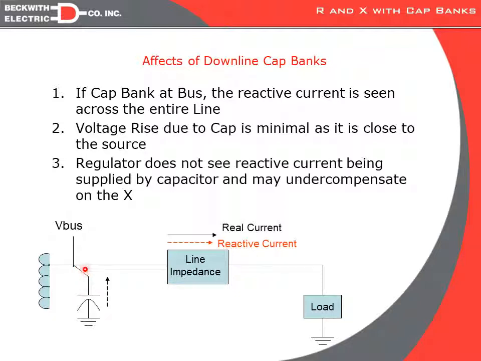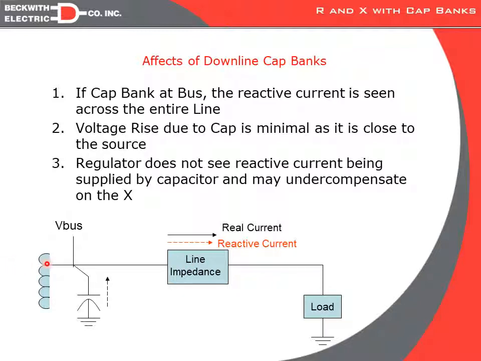So in this case, what can happen is when this bank closes, we're not creating any voltage rise due to the capacitor bank, but we are creating a larger drop due to all the reactive current going this way to the load. And the regulator does not see that reactive current because its CT is upstream of it.